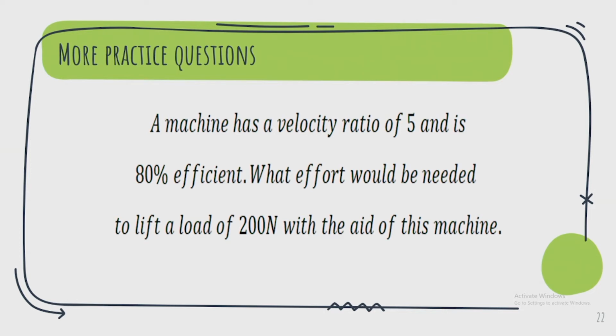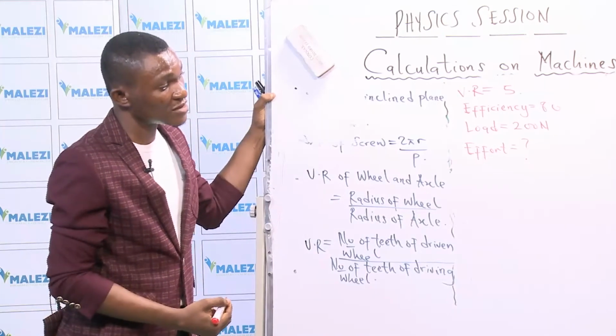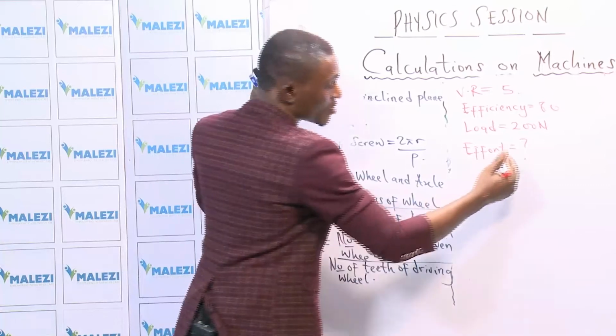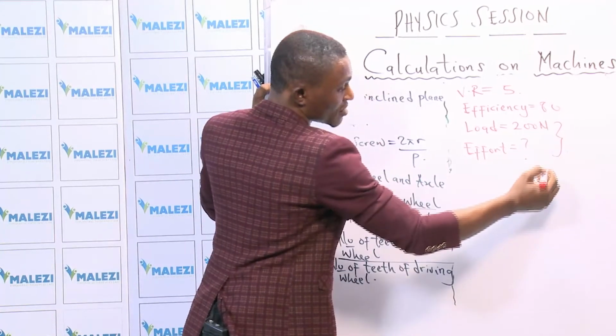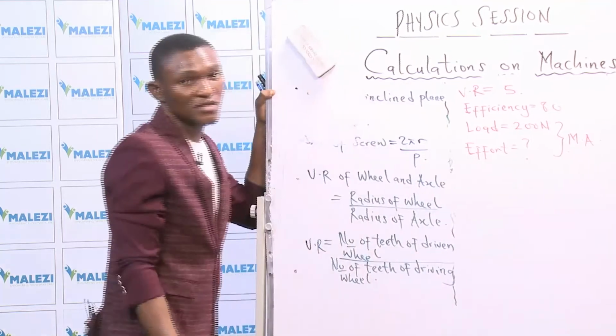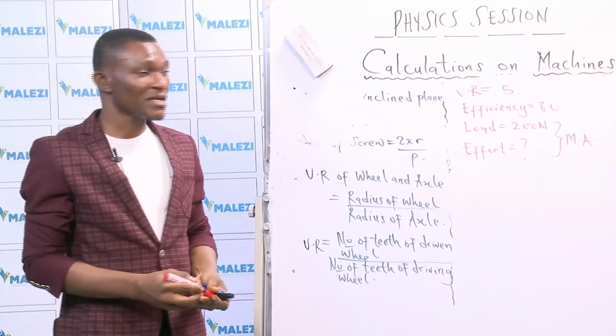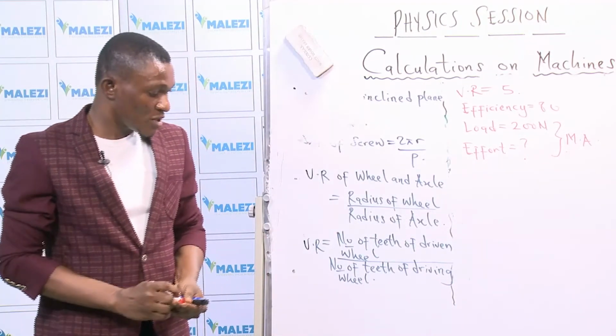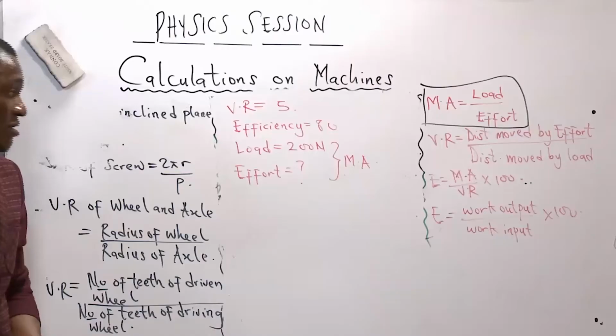So we want to lift a load of 200 Newton. The question says we should calculate the effort needed. Don't forget, we answered a question similar to this the other time. I told you that before we can get the effort, we need to calculate the mechanical advantage of the system.